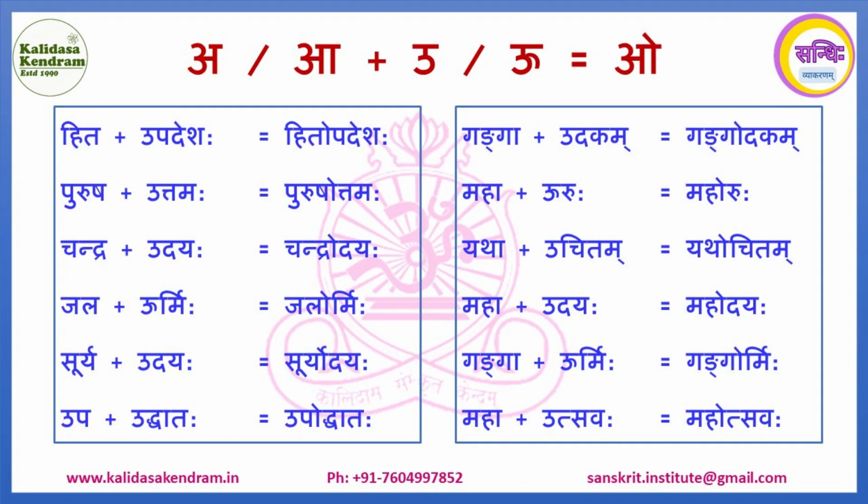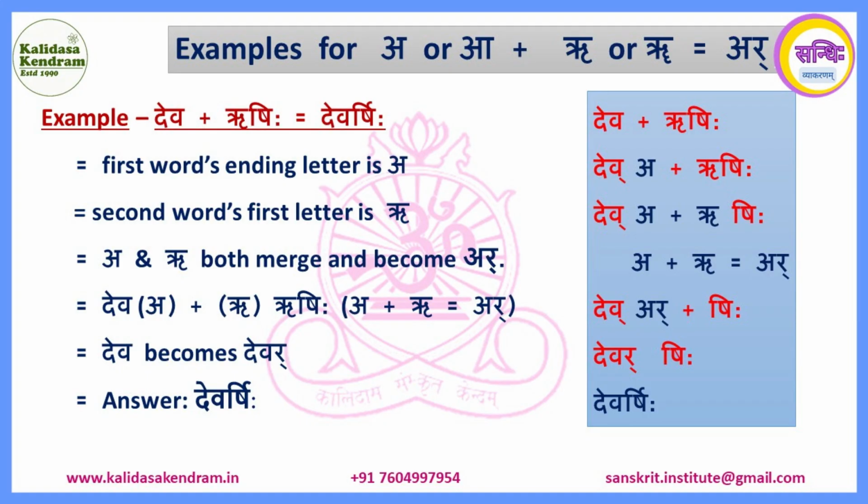There are a lot of examples, and Guna Sandhi is one of the important Sandhis in Sanskrit grammar. Let's move on to the third rule: examples for a or ā plus ṛ or ṝ becomes ar. Deva plus rishihi, devarshihi. How does ar come in between?